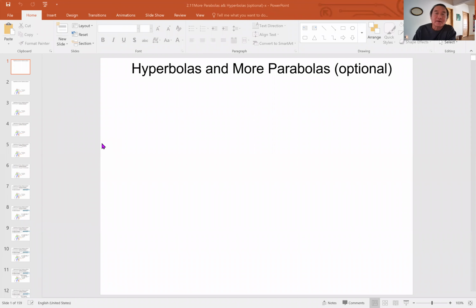Hello, everybody. This is Professor Ma, and this is the introduction to the sections on hyperbolas and parabolas, more on parabolas. And this is optional because the basic techniques we're going to go through, we already went through for circles and ellipses. Okay, and we're going to do the same thing for hyperbola.